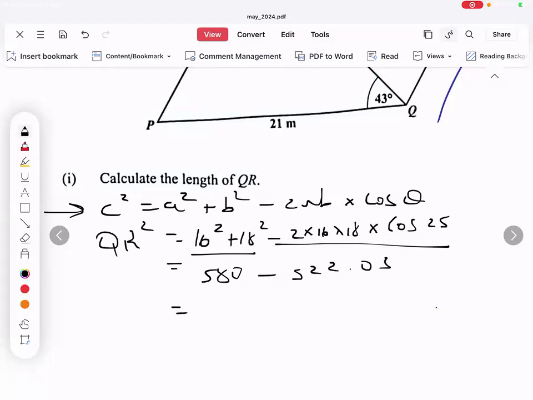Lexi, is that what you got? Yes, sir. 522.03. Okay. All right, so go ahead then and subtract both of those, please. Subtract both of those. I'm getting 57.97.